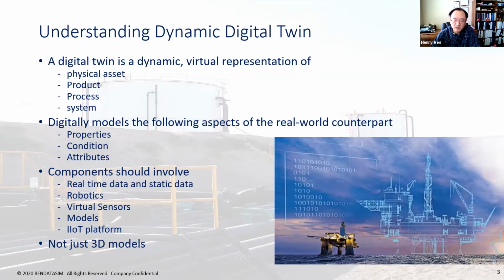But currently, most of the models are rigorous models. Then IoT and 5G platforms help the digital transformation of current facilities. So those are my views of the digital twin.